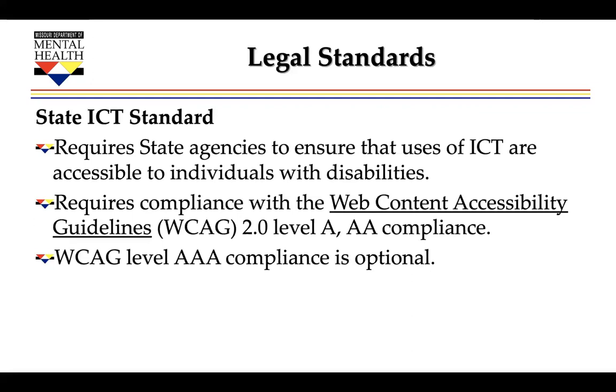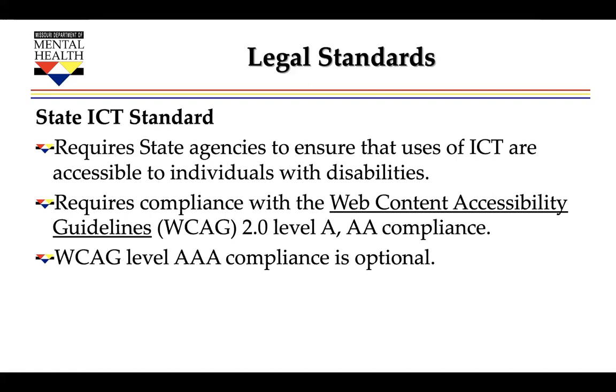So that state ICT standard requires that state agencies ensure that uses of ICT are accessible to people with disabilities. That's the broad intent of it. Specifically, it implements the WCAG 2.0 standards at the A and AA levels of compliance.